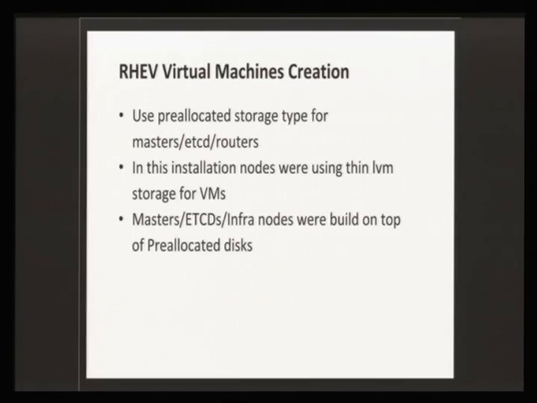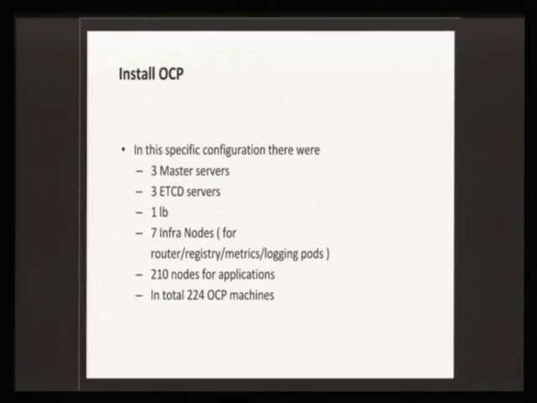Okay, this I mentioned already. So in this specific cluster, I had 3 OpenShift masters, 3 etcd servers, 1 router or load balancer, and 7 infra nodes, which I was using for infra pods.